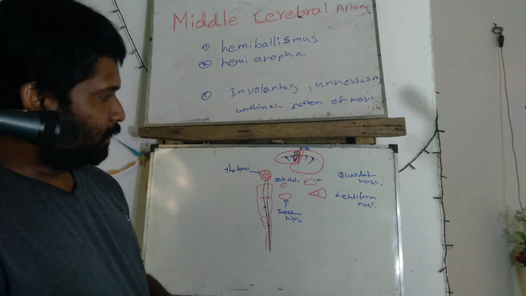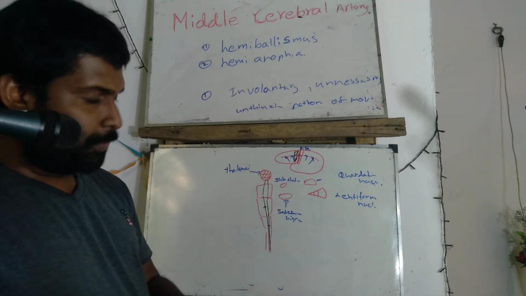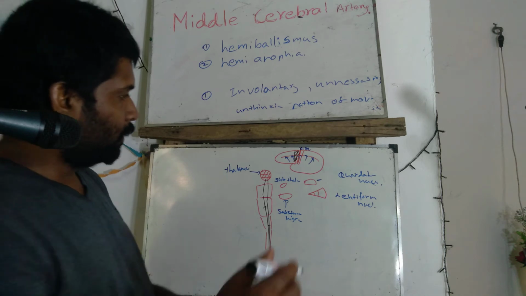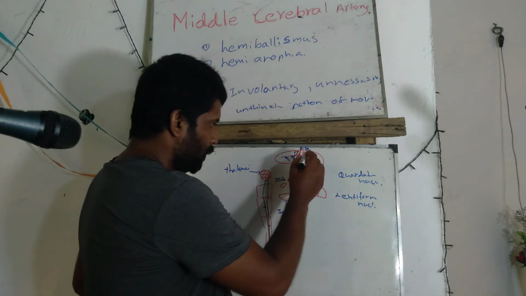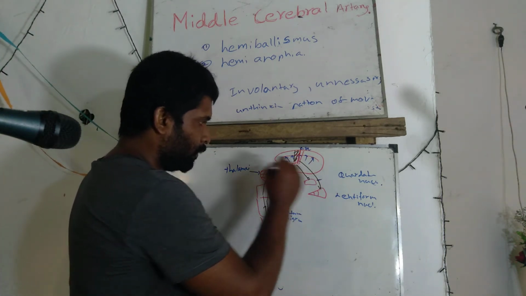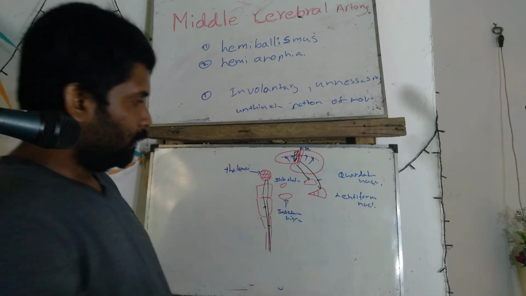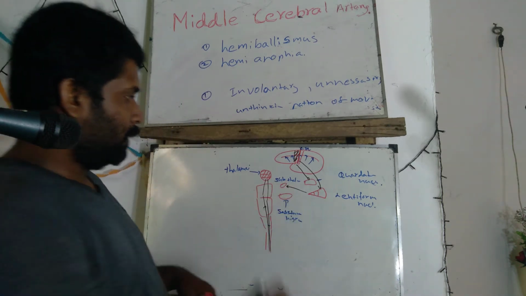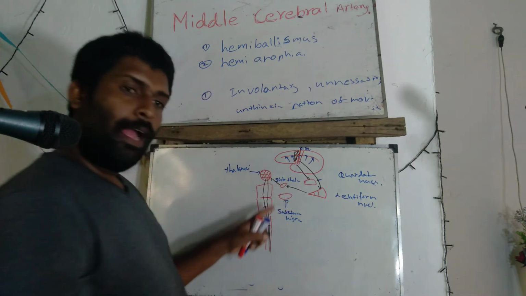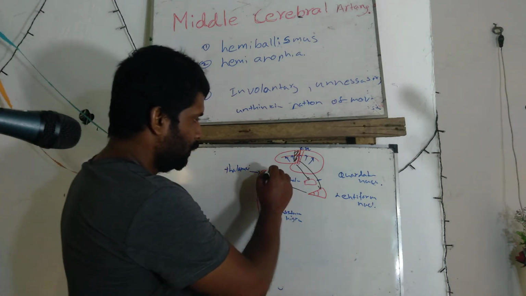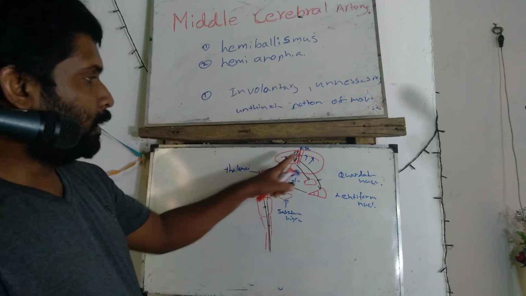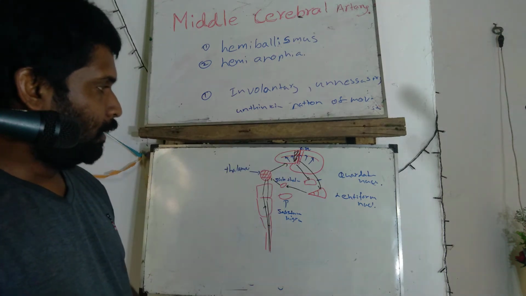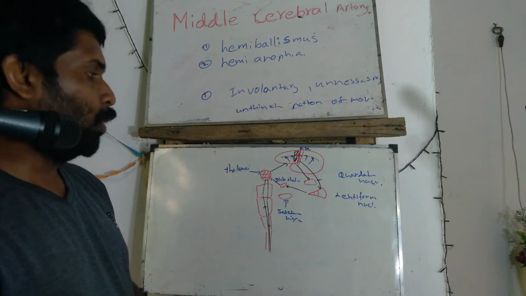Then it gives the supply again to the caudate nuclei, lentiform nuclei, subthalamus and thalamus, and again goes to the motor cortex.